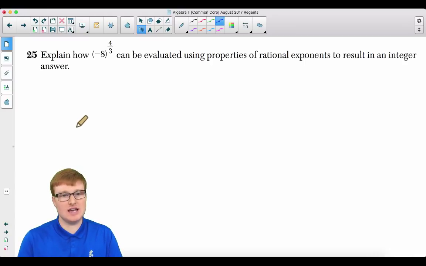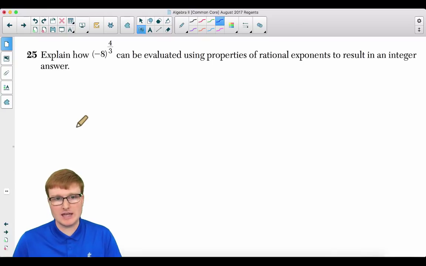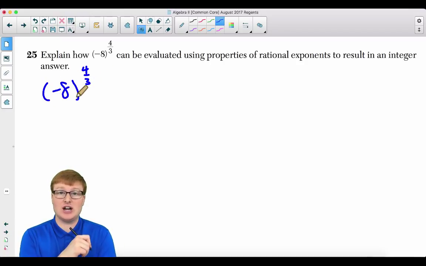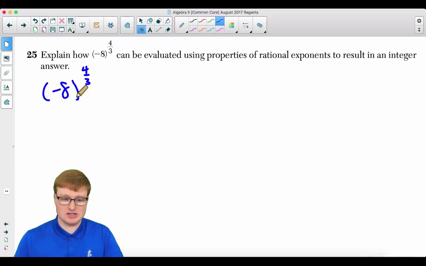So 25 says, explain how -8 raised to the 4/3 power can be evaluated using properties of rational exponents to result in an integer answer. Honestly, I'm not a fan of these questions because I just don't understand how you could explain writing this as an integer answer. I've done it in previous videos. I was just never comfortable with writing it.